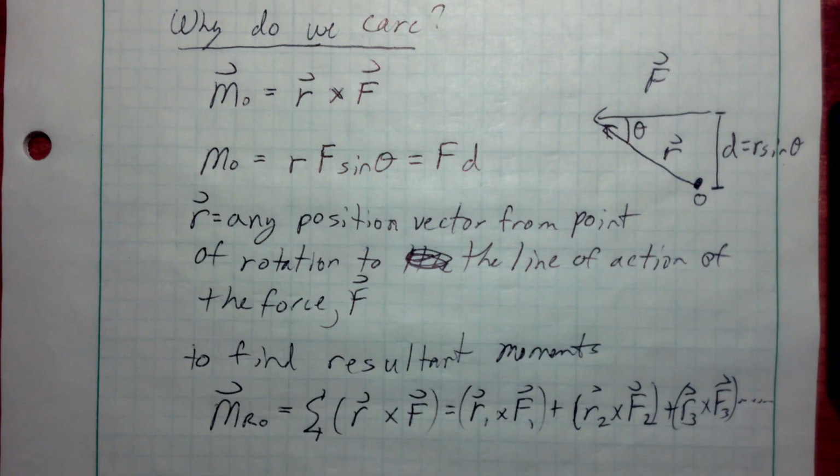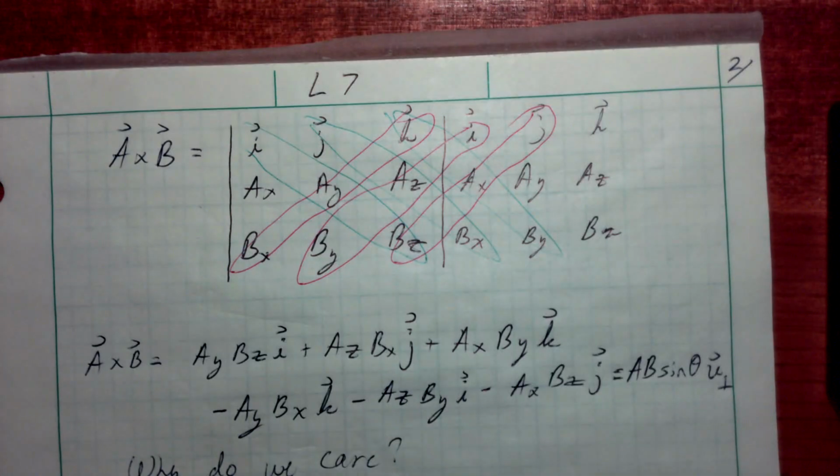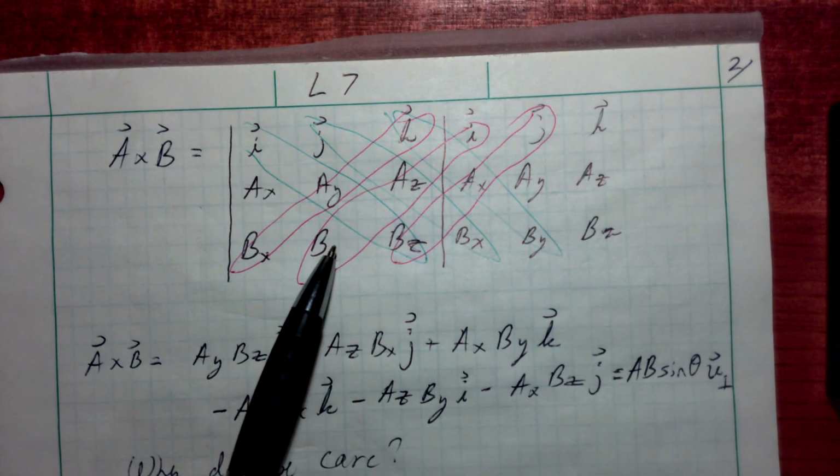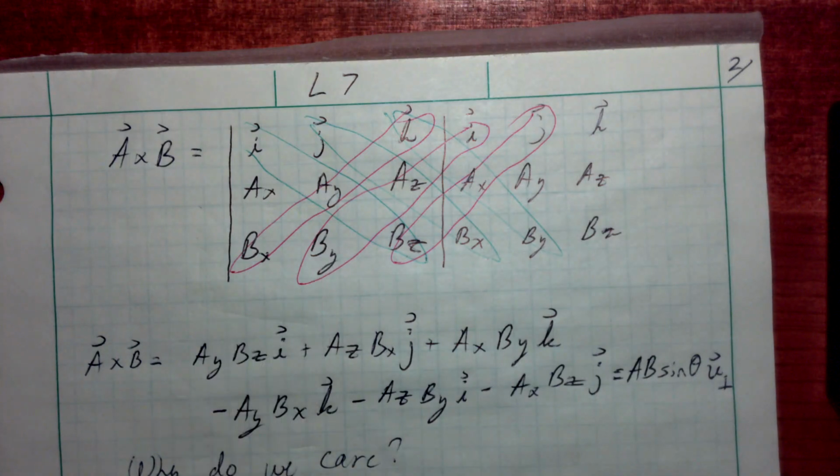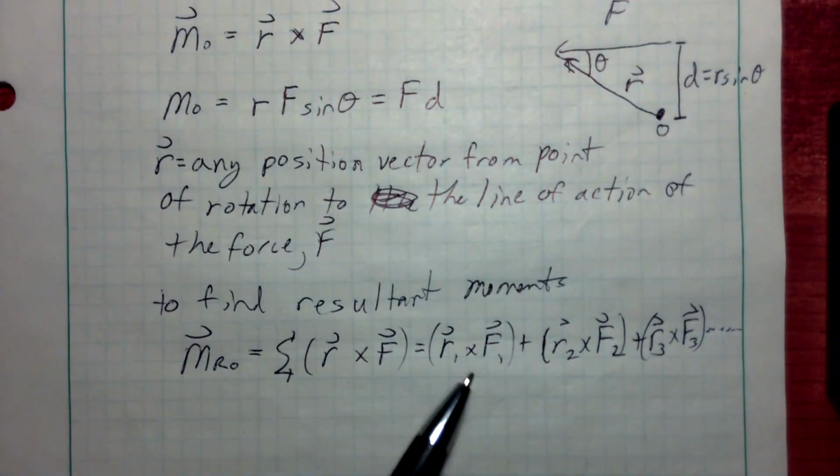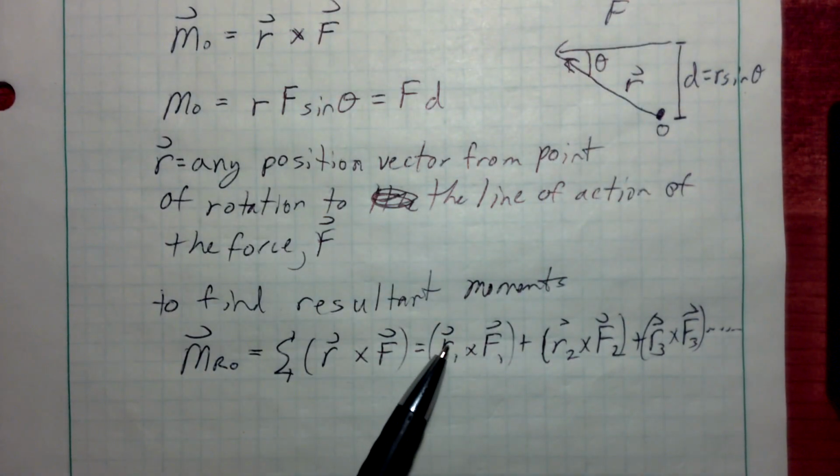We add all of them up, meaning we're going to go through some sort of determinant of this 3 by 3 matrix for every single force and a position vector out to it. It's doable. It's not hard. It's not difficult. It is a bit tedious.